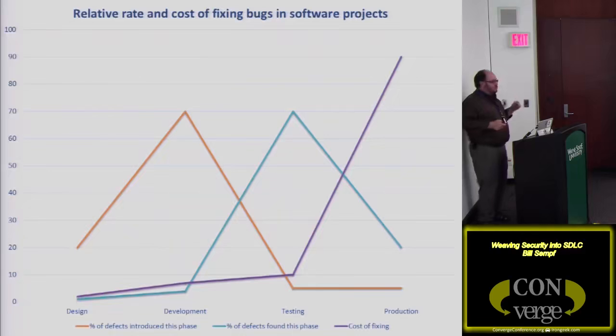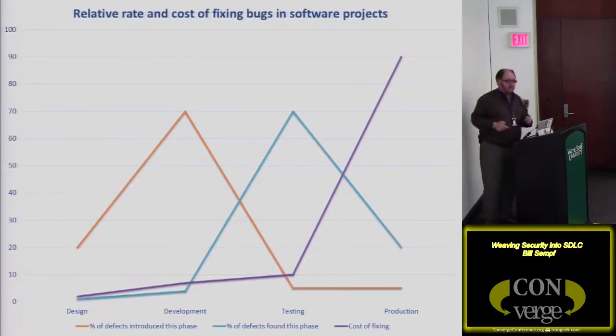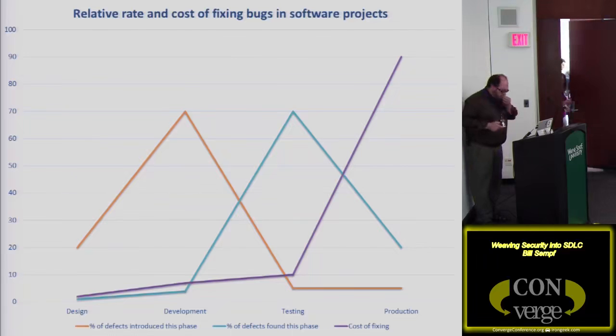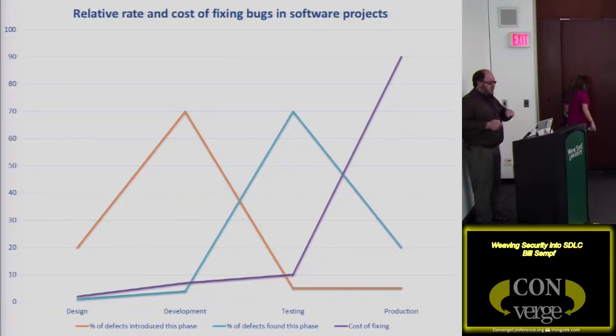Really, we introduce the majority of bugs in software in development, right? And then we find most of them in test. That's the way it's supposed to work, and it works out pretty well. Those that we have to fix in production cost 23 times as much as the bugs that we fix in QA. Right?